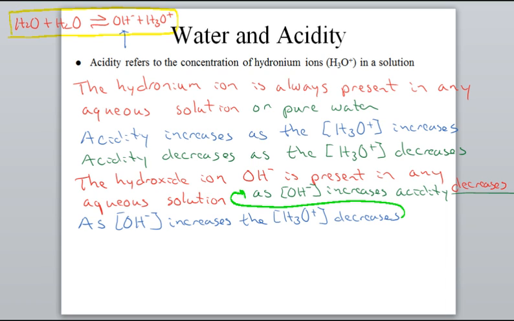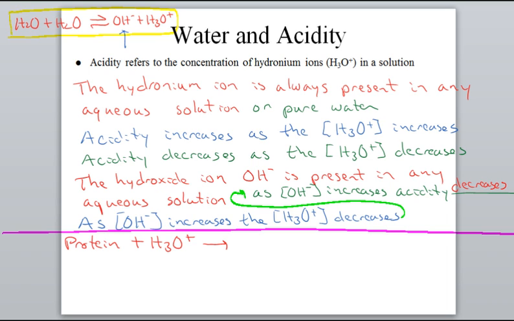And a couple last comments about the hydronium ion and the hydroxide ion. If you remember in laboratory, we've worked with some acid and base solutions, and I've warned you that that 6 molarity HCl solution could break down your structural proteins on your skin. Well, I wasn't exactly telling you the whole truth. It's not the HCl acid molecule that reacts with the protein, it's the hydronium ion that's formed in that aqueous solution that reacts with the protein and breaks it down into amino acids.